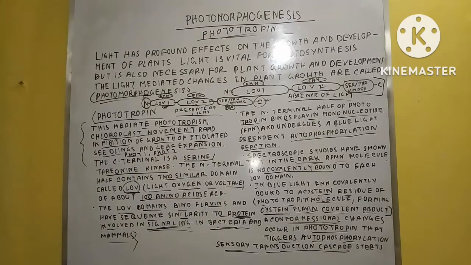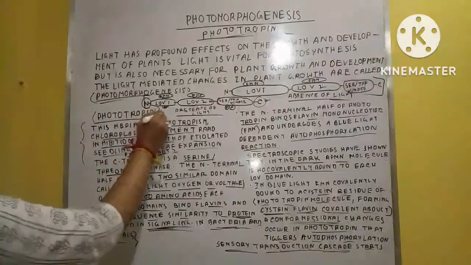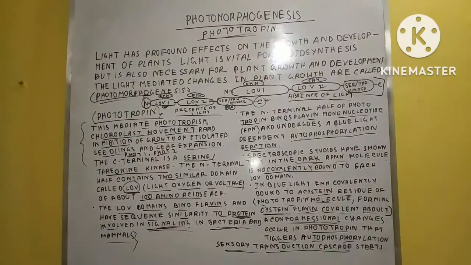These functions are all done by the phototropin when it becomes autophosphorylated. So here we learned how chloroplast shifting is done by the phototropin.